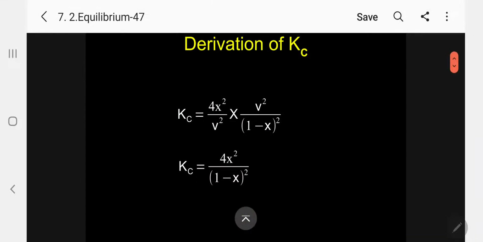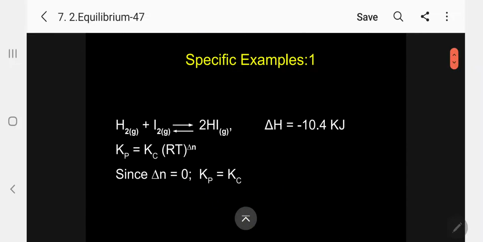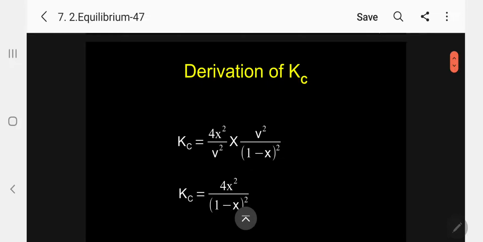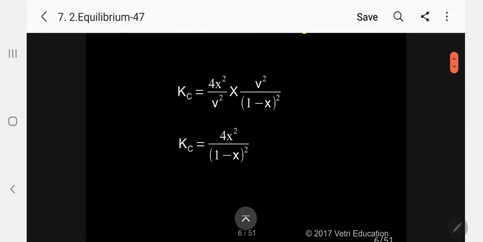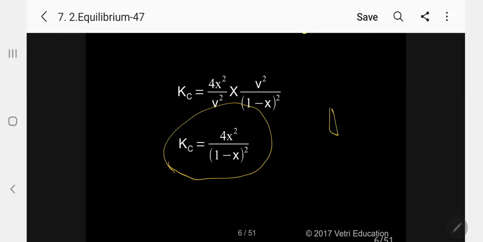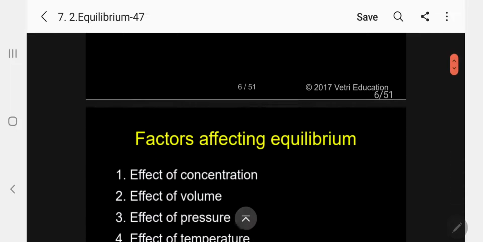In the case of H2 plus I2 reversible 2HI, Kc and Kp are the same value, 4x squared over (1 minus x) whole square. There is no pressure term involved, there is no volume term involved. Please keep that in mind. That is what I specifically want to point out.